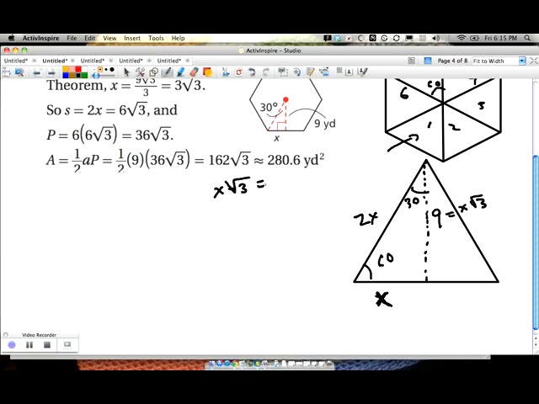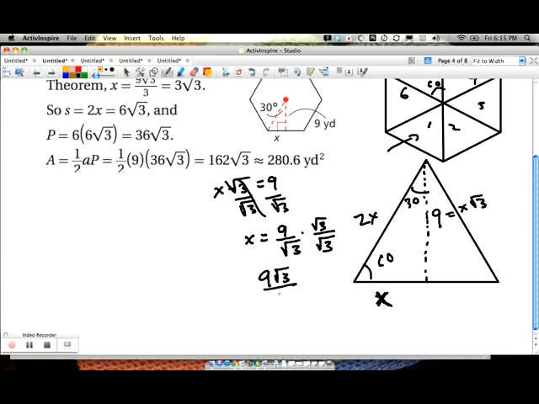If x root 3 equals 9, divide each side by square root of 3, then x equals 9 over square root of 3. Now, if I wanted to rationalize the denominator, I don't have to, but I could.